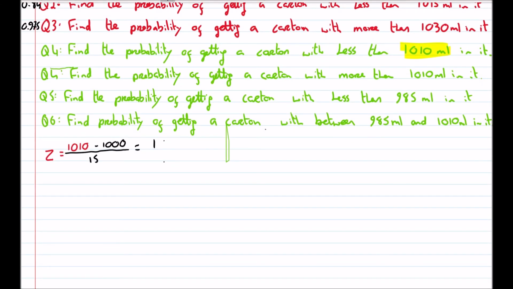So that gives me 10 over 15, and that equals 0.66. So there's my z-score.